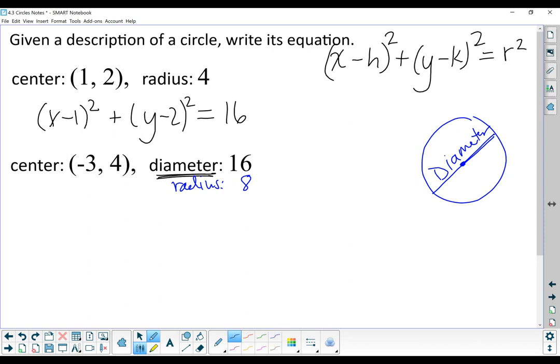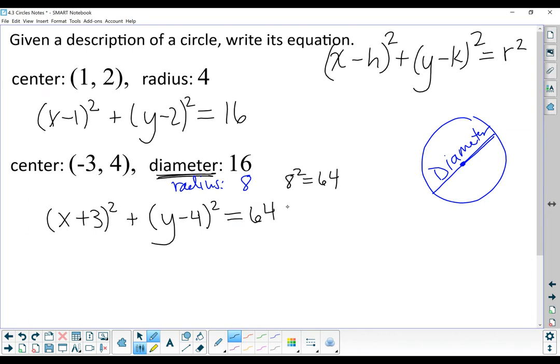So if we write our equation, it's going to be x plus 3 squared plus y minus 4 squared. So I put in my center, negative 3 becomes positive x plus 3, and then 4 here becomes y minus 4 in the equation. And that's going to be equal to 8 squared, which is 64.